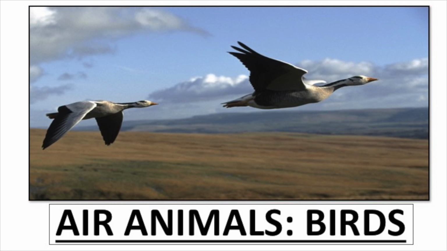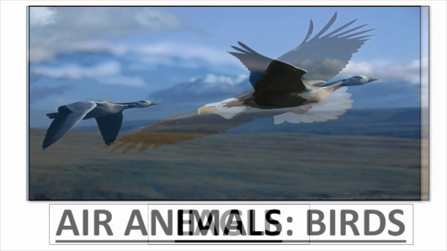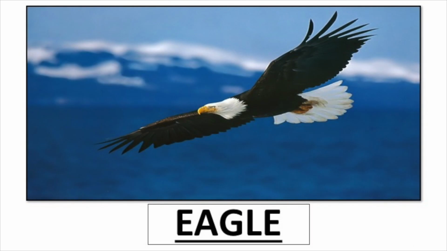And here is an example of some air animals. These are birds. And I'm not sure, I think they are geese. But what about this bird? Eagle. Yes, a very well-known type of bird. And what do you notice about the air animals, the birds? What do they have that allows them to fly?